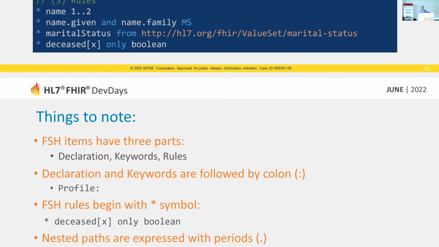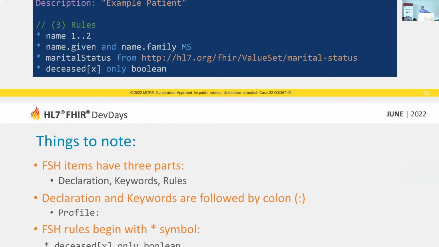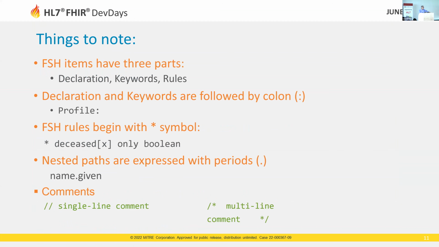One thing you may not have noticed is that paths, for example, name.given, name.family, are paths into the resource. So there's a name element within patient, and name.given is a path into name itself. So we just separate those with dots. And we mentioned comments are with double slashes, but we also have multiple line comments with /*. That's in a Java style.